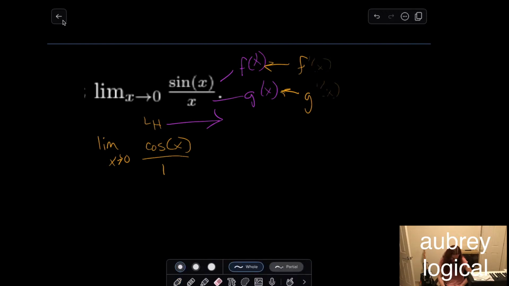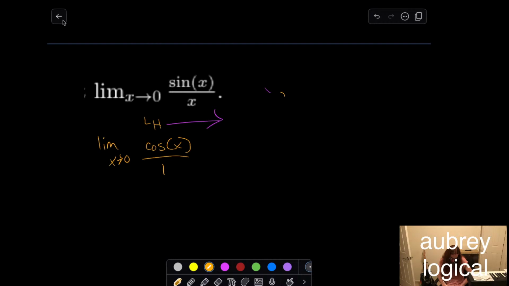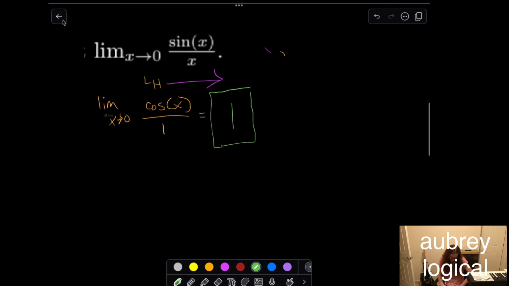So that's what we have done. Derivative of sine is cosine, derivative of x is 1. So now that we have done L'Hopital's rule, we can plug in one final time, and we're going to have cosine of 0, which is equal to 1 over 1, which is 1. Perfect. Okay. On to the next one.